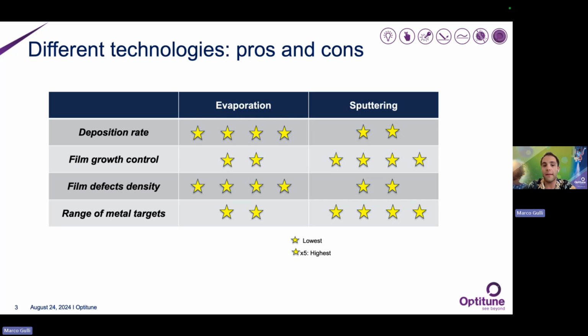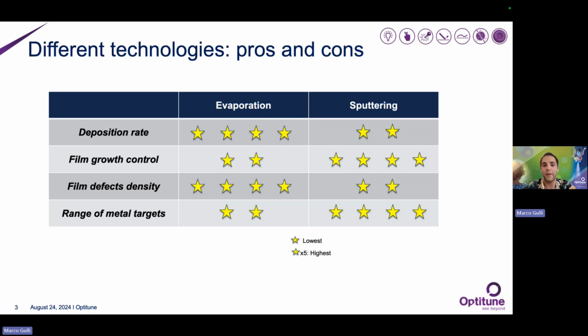And this would mean that, on the other hand, we cannot really easily control the film growth or the film defects density. And the range of metals that can be evaporated is not really wide, because evaporation is strictly dependent on the trend and on the relationship between the vapor pressure and the temperature itself.